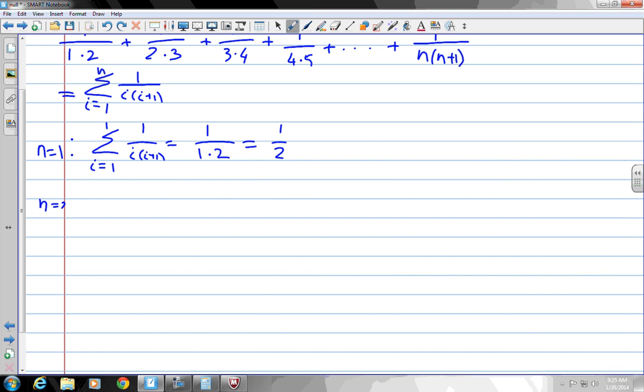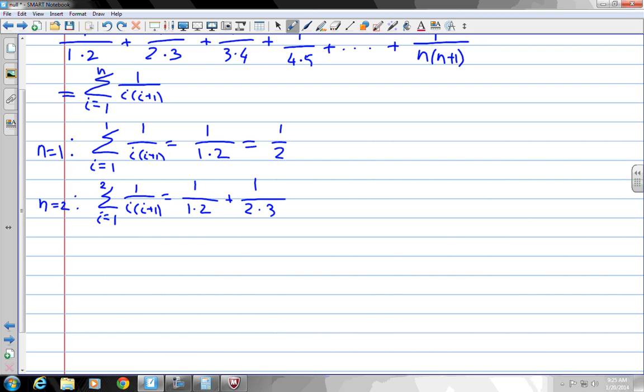If you do n equals 2, it is a summation from 1 to 2 of 1 over i times i plus 1. So you get the previous result all the way to 1. You get 1 over 1 times 2 plus, i increments to 2, you plug in 2 in there, you'll get 1 over 2 times 3.